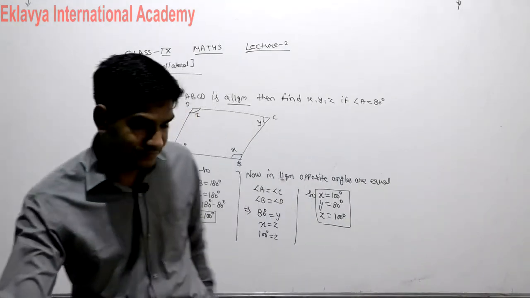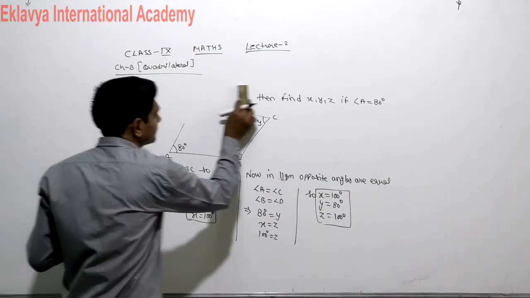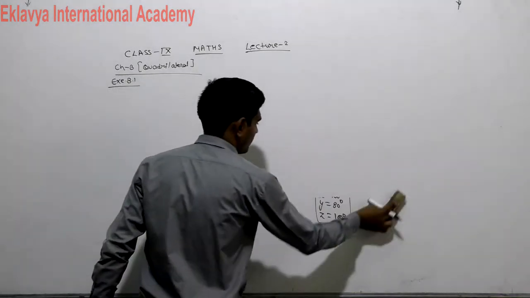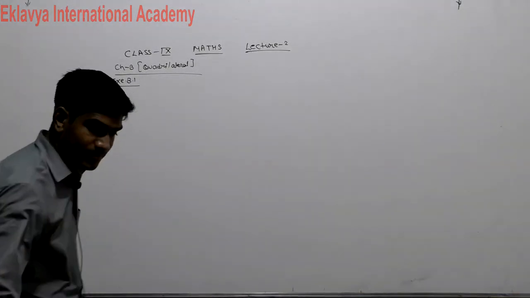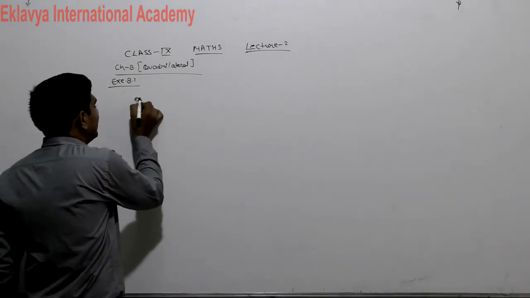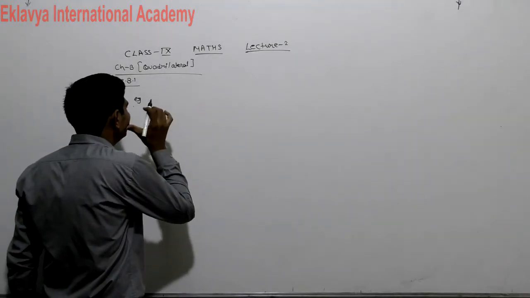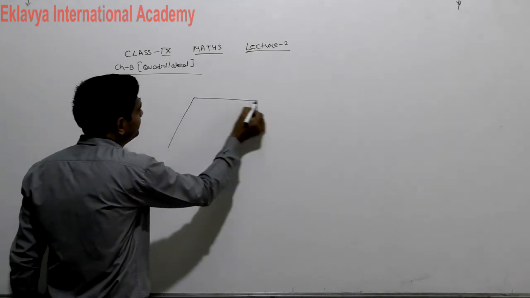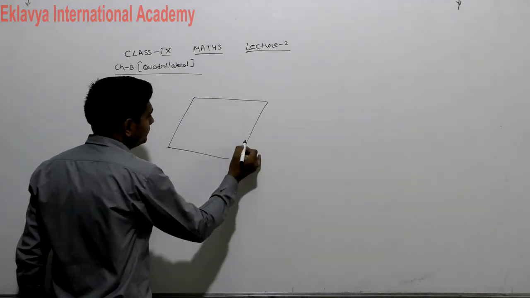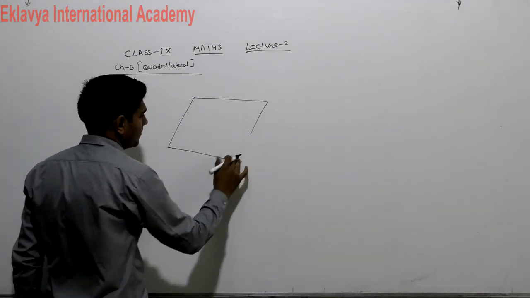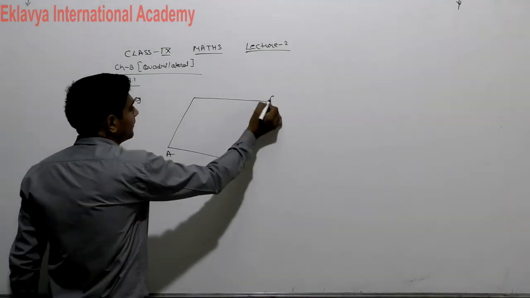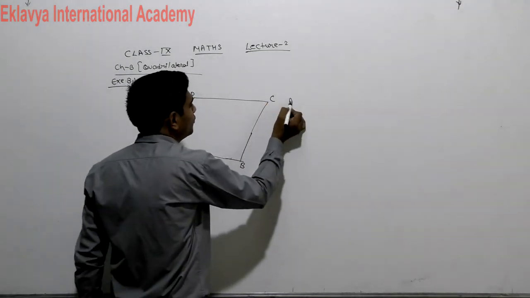Second question देखो. Second question is that ABCD is a rhombus given to you.